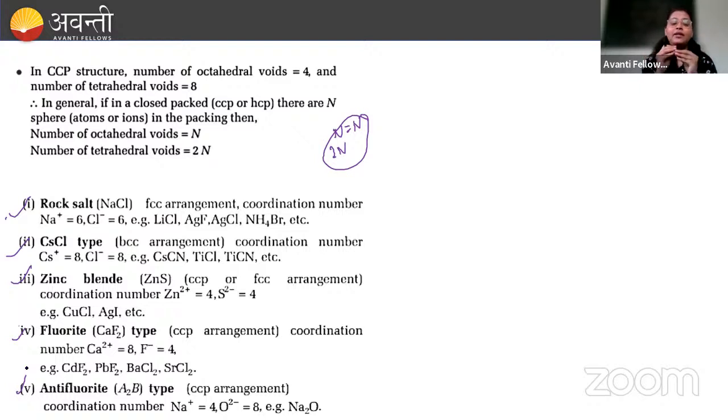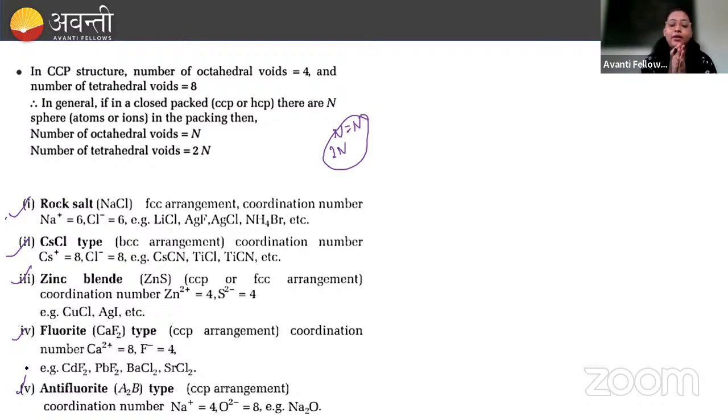Okay, and Cl minus ions form octahedral voids, where the Na plus ions are present, and the tetrahedral voids in NaCl are what? Completely vacant. Are you getting this? Next, CsCl, in which Cs, that is cesium, is what? Present at the center of the given cell, and Cl minus are present in the BCC arrangement.